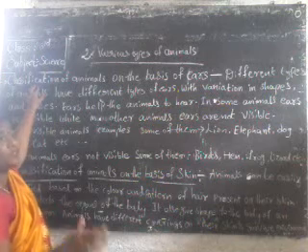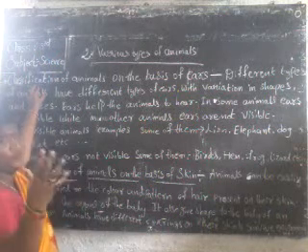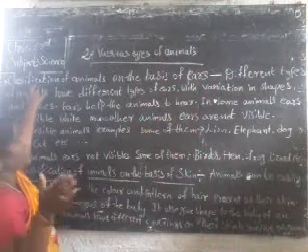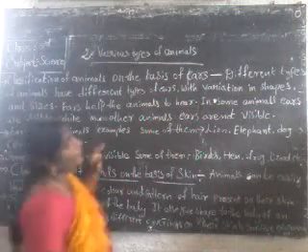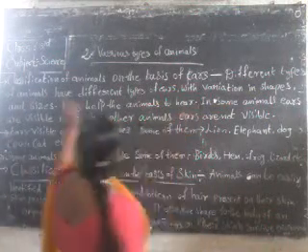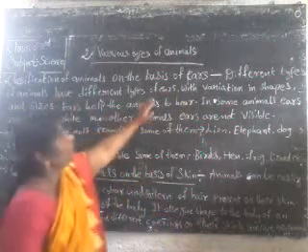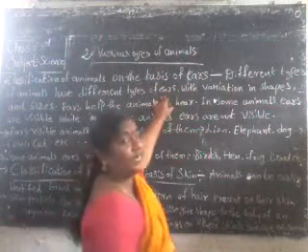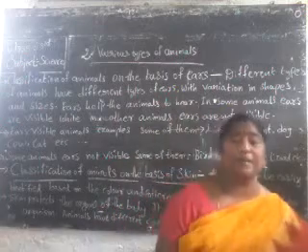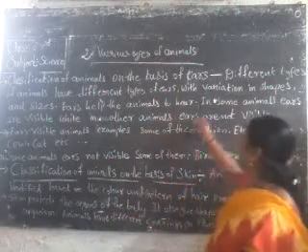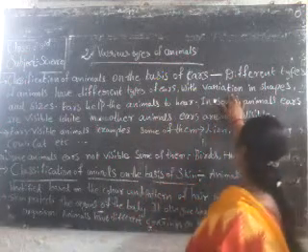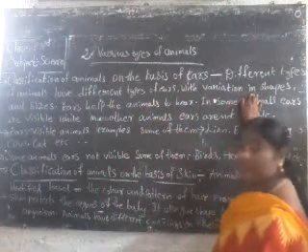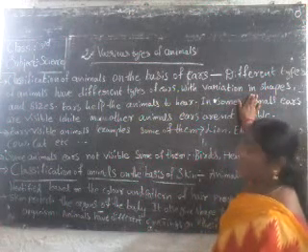Ears, meaning big ears, small ears, you know that. Different types of animals have different types of ears, with variations in shapes and sizes.